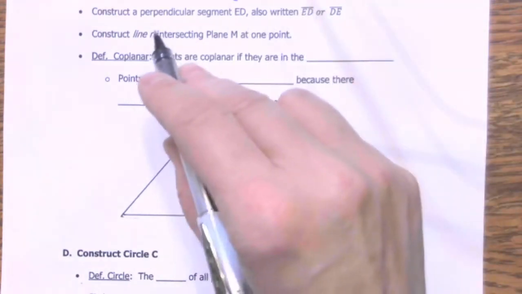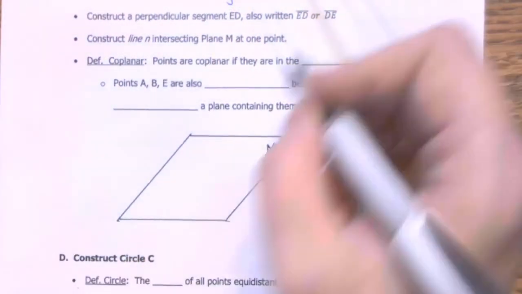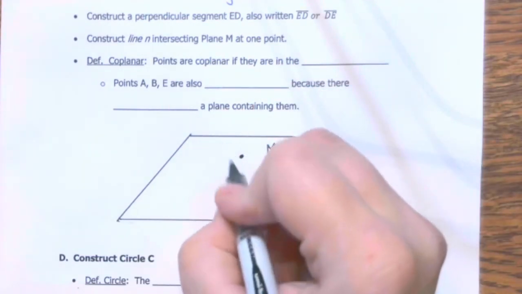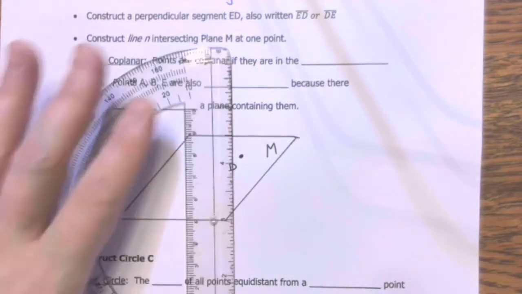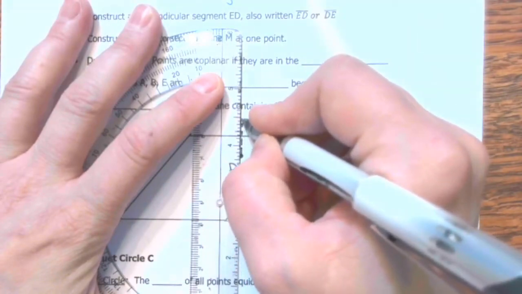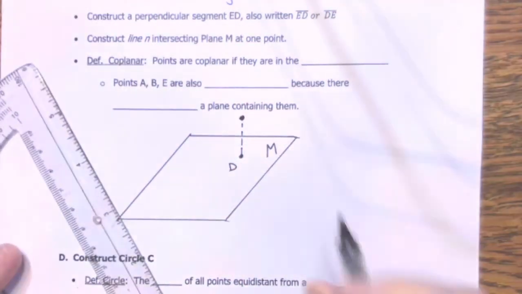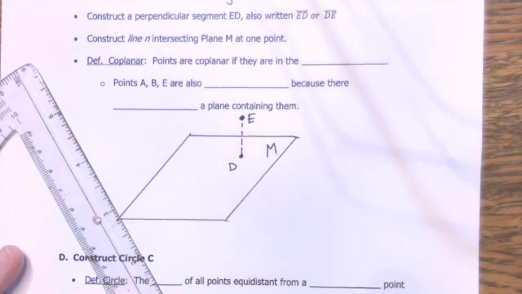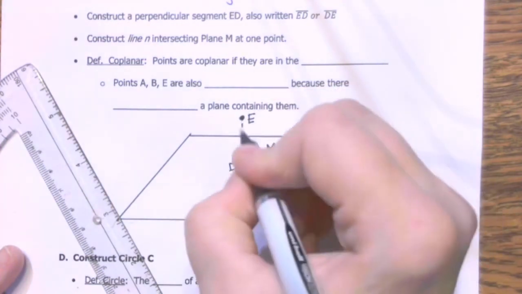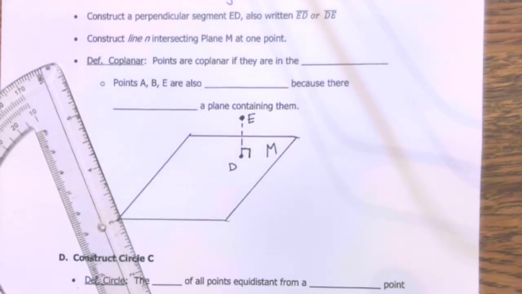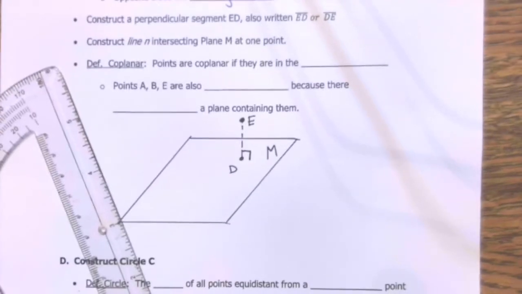The way you draw a perpendicular segment is you draw the point where it hits, we'll call that D, and then using your ruler, you go straight up with a dashed line, and then the other endpoint of the segment is E, because it's E to D, so we're going to put an E here. The symbol for perpendicular in geometry is a little half box that says 90 degrees. So that's how you draw a segment perpendicular to a plane.